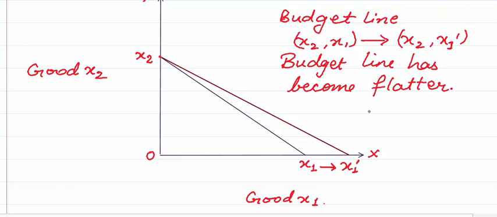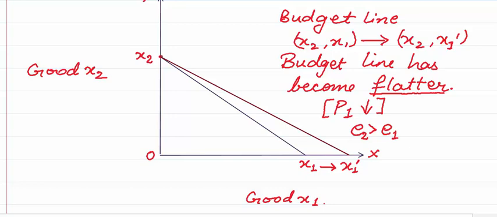This is because the price of the good 1, which is P1, has decreased from its earlier level, and this has caused the elasticity to increase. So elasticity of the second line is more than the elasticity of the first line. Hence we can say that the curve becomes flatter.